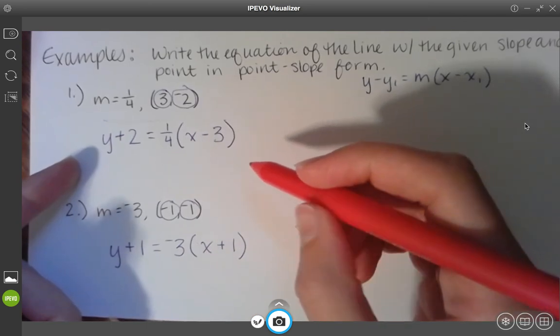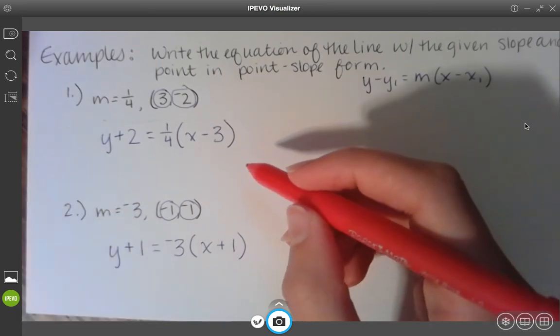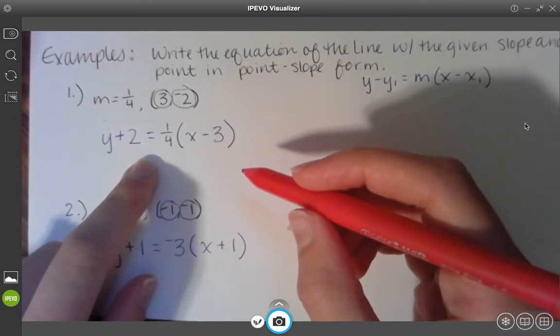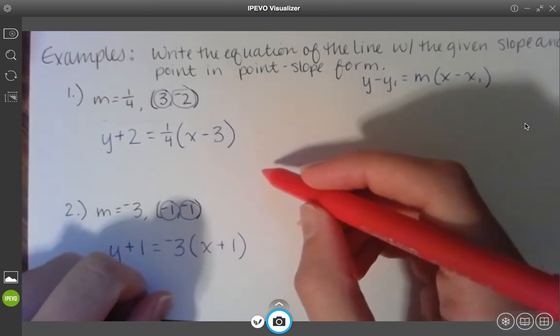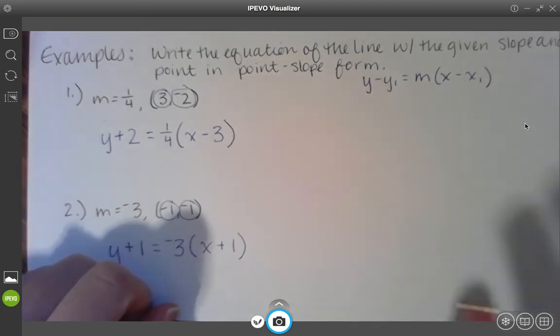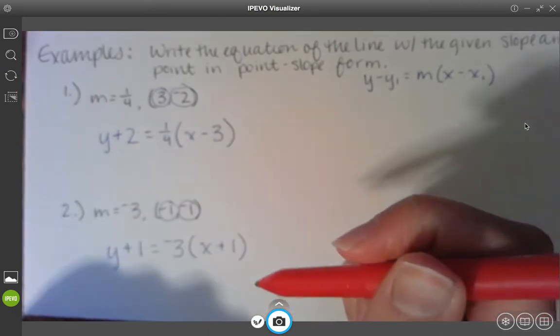If I'm given this, I don't really want to graph it from this form. You might have to at some points if you're asked. But what you can do is write this in slope-intercept form, because with slope-intercept form you're given the slope and the y-intercept, and that can be nice. To do that, you're going to use what you know about solving equations.